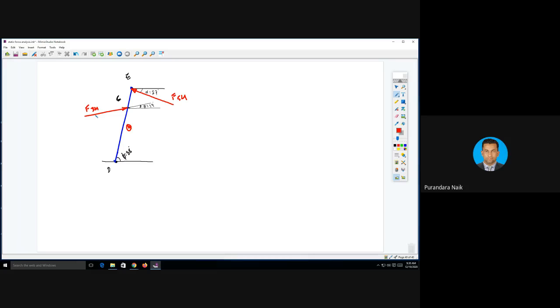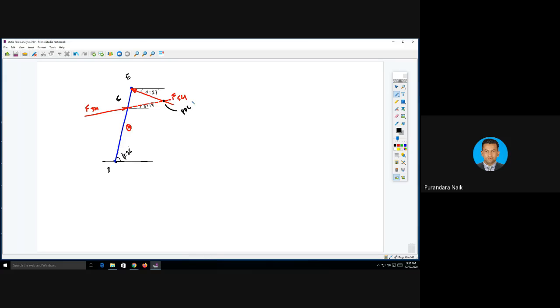Now, how to find the point of concurrency? You need to extend these two forces. This is the line of action of F34, and when extended it will intersect F54 at a point. This point is called POC, point of concurrency.